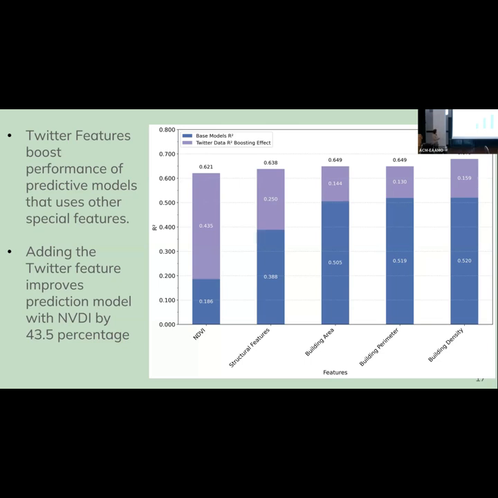As you see here, if we add the Twitter features to NDVI, the predictive performance increased by 43.5 percentage points. So that's another value of using Twitter data.